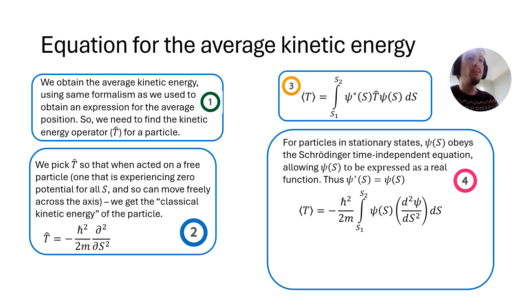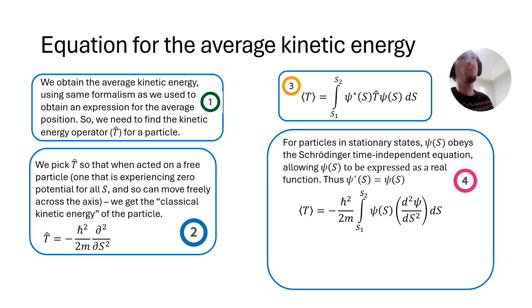There is no time component to our spatial wave function, and we can do that because we're dealing with a stationary state. And so we can replace partial derivatives with ordinary derivatives because there's no ambiguity in terms of what we are differentiating with respect to, because our wave function is only written in terms of s.